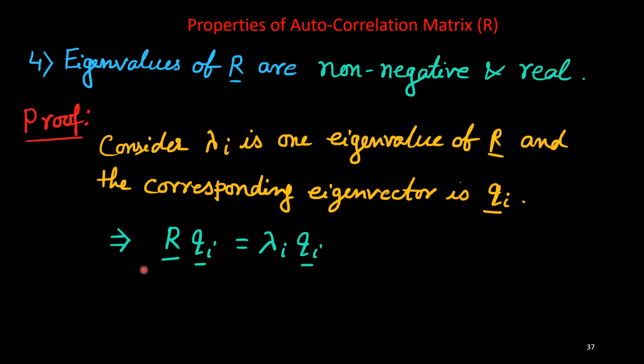This is the basic equation for the eigenvalue and eigenvector relation, so we'll start from here only.